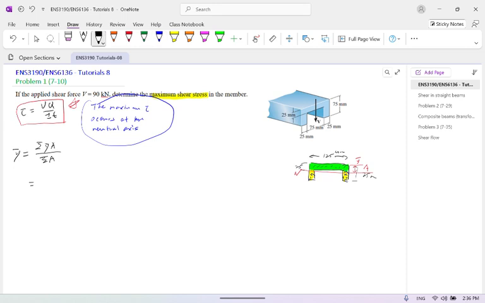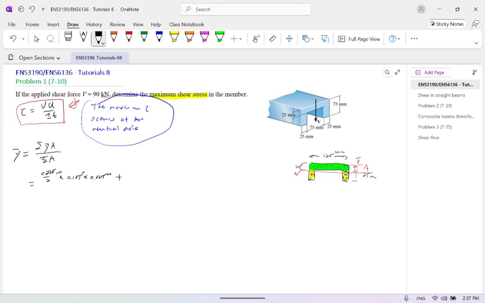For the first one, the green color, we can see that is 25, so half of 0.025 meter, times the area, which is 0.125 times 0.025, all in meters.